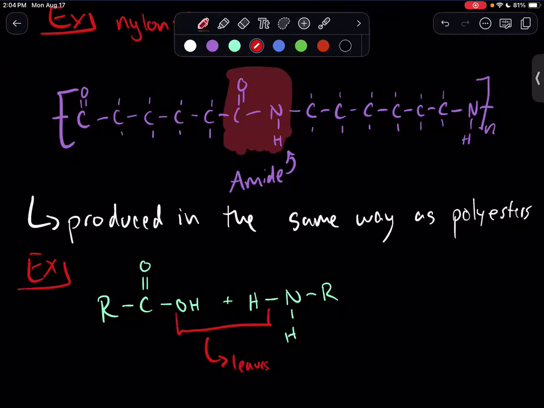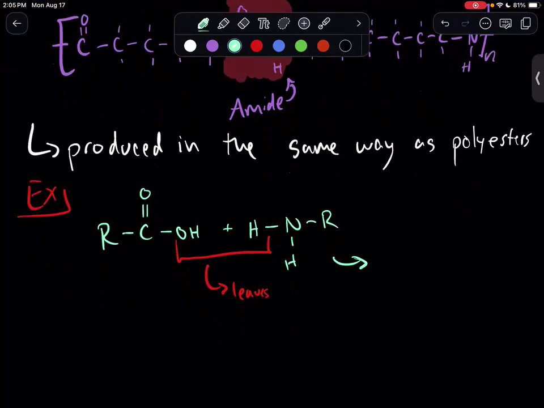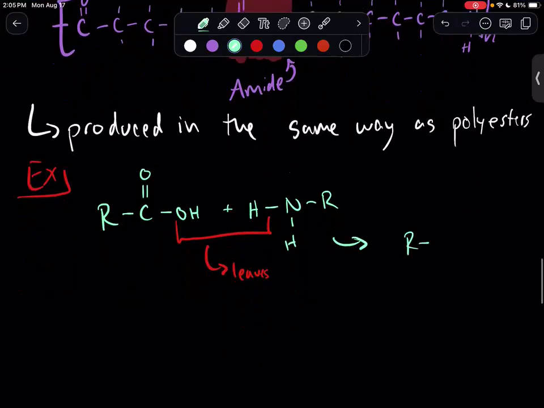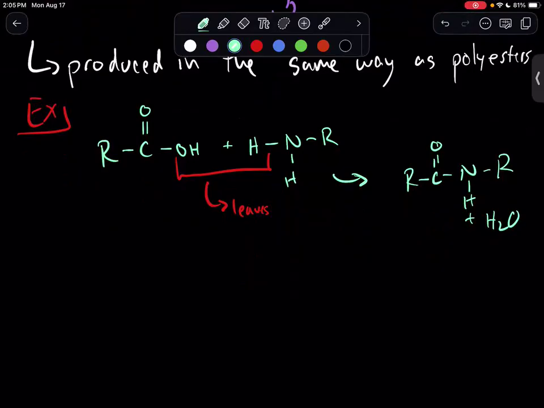For the polyamide, the only difference is you have, of course, a C double bond OOH, and that's a C, and you have another amine on the other side of that R. So that is going to be our polyamide. I'll just draw the final product of this being R, C double bond O, single bond N, single bond H, bonded to R plus a water. So that is our condensation reaction for polyamides.